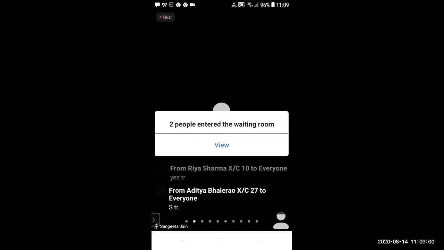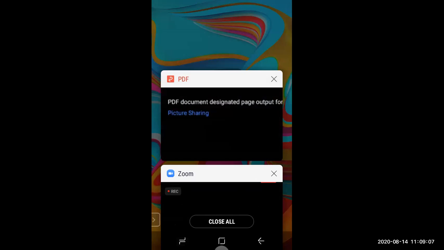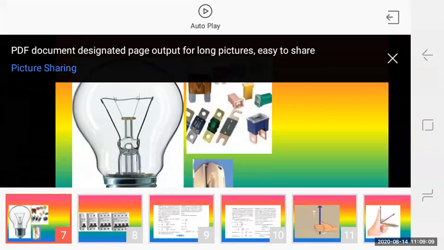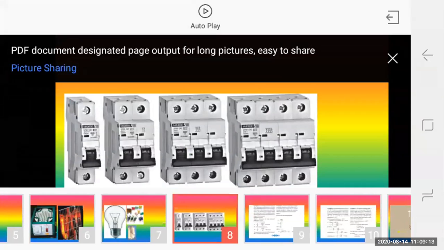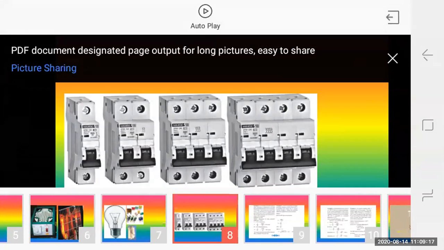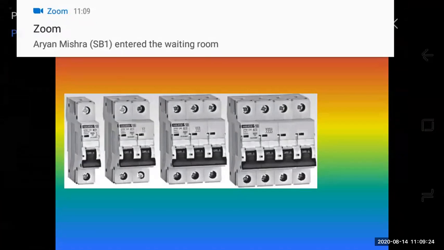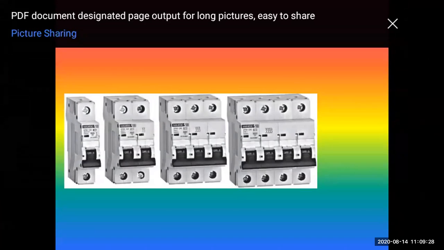Okay. So there are different types of fuses. I will show you from the PPT, students. Wait for a while. So these are the MCBs, that is, miniature circuit breakers. Okay. These are the switches used in homes. When the current in the circuit suddenly increases, this switch will open and the current stops. So different types of MCBs are in use.